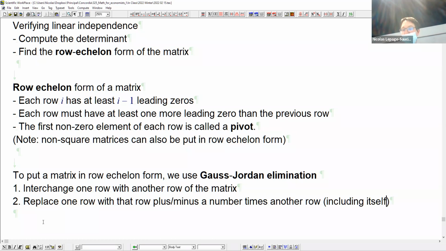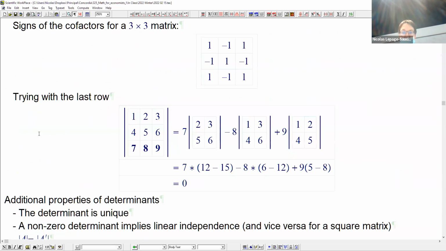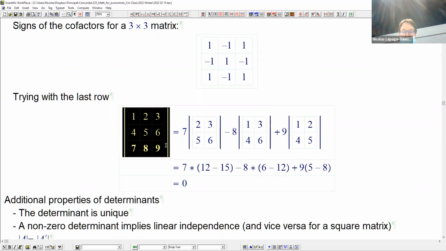So it means we can also multiply one row by a number. And these are the two things we can do. So here I'm going to label the matrices A1, A2, A3, A4, because they are still different matrices, and so that you know the process of doing it. So A1. Let's start with the matrix we already have. So 1, 2, 3, 4, 5, 6, 7, 8, 9.